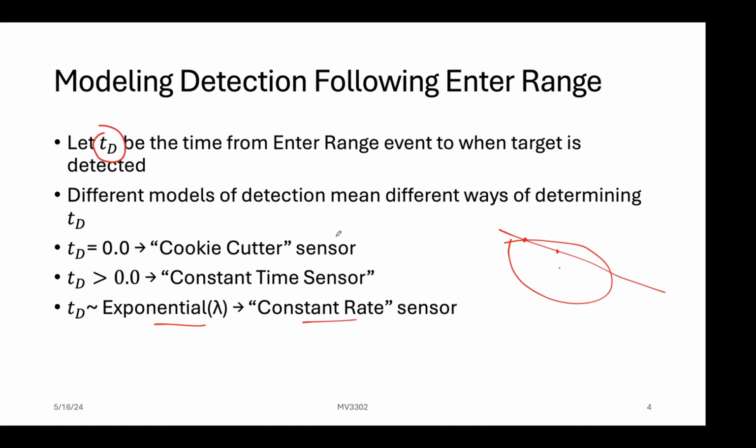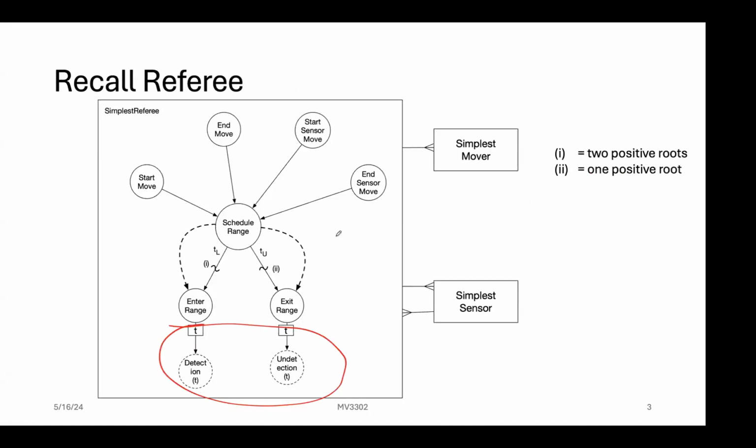Okay, but here's the modeling dilemma. With our referee, who can do this? Well, if we put this on the referee, now we're going to have to really... I mean, it's actually sort of possible, but it requires a lot of complicated things that are really beyond the scope of this.